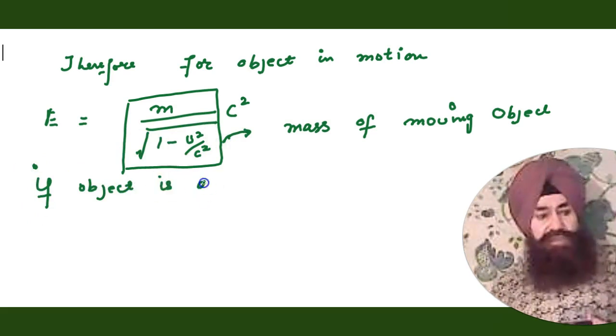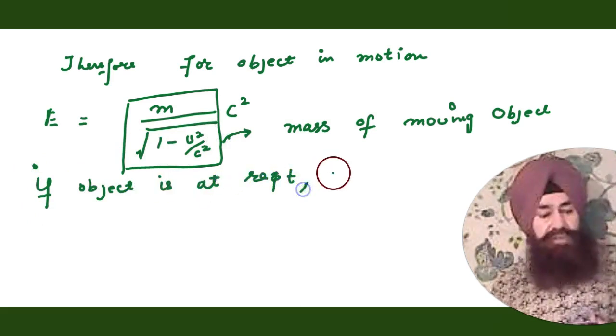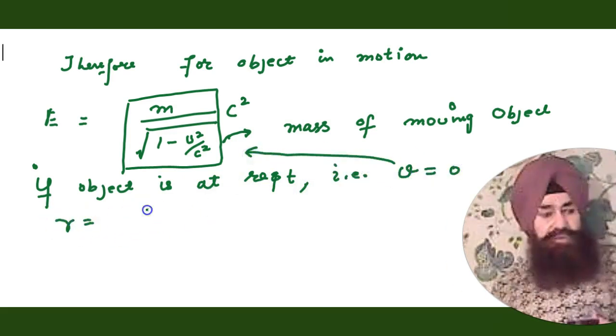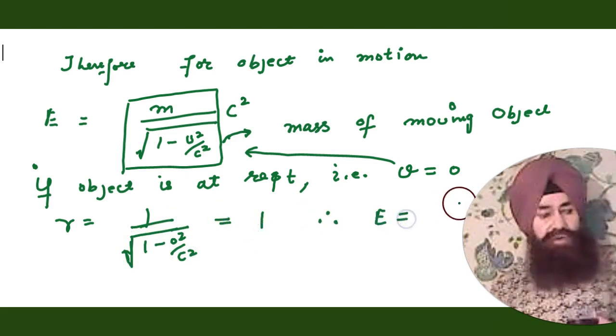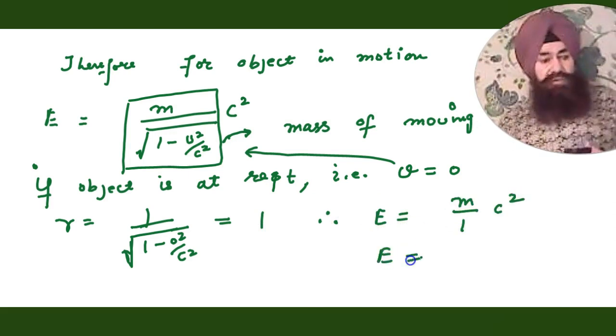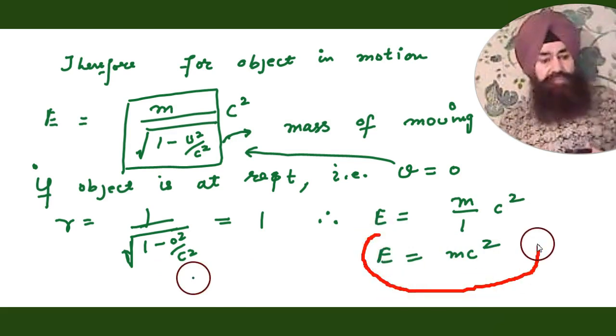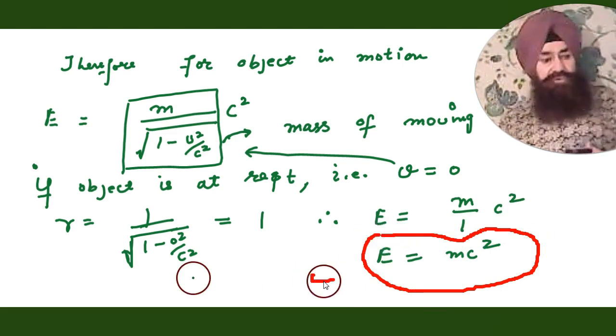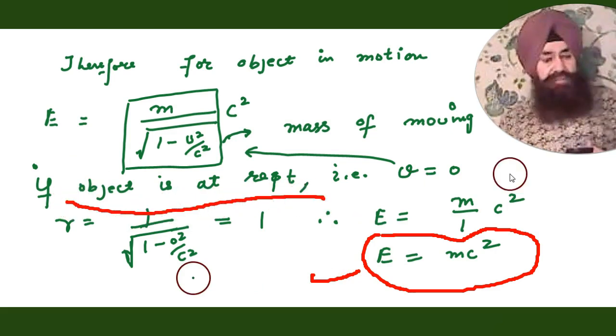If the object is at rest, if the object is not moving, then its velocity becomes 0, and substituting here, gamma becomes 1 only. Then we have the same equation, E equals mc square. So I think you understand now, this equation is correct only when the object is at rest, that it is not moving at all.